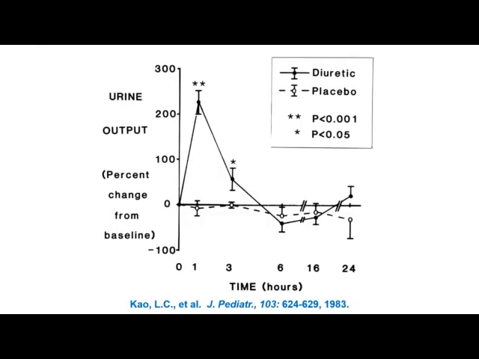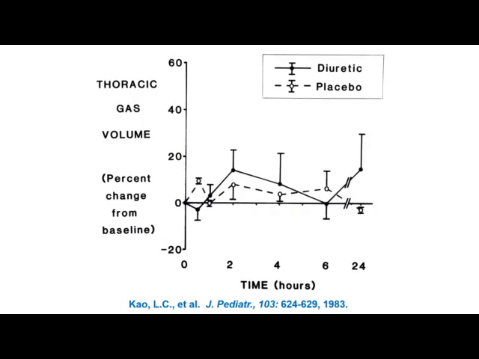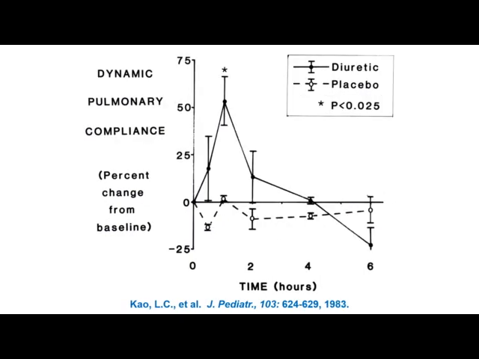This shows what happened. So this is urine output. And you can see from the placebo there was no change in urine output, but with diuretics there obviously was an increase in urine output up to about 6 hours when it returned to be not significantly different. This is thoracic gas volume, or FRC, which really was not much difference between diuretics and placebos after receiving a diuretic.